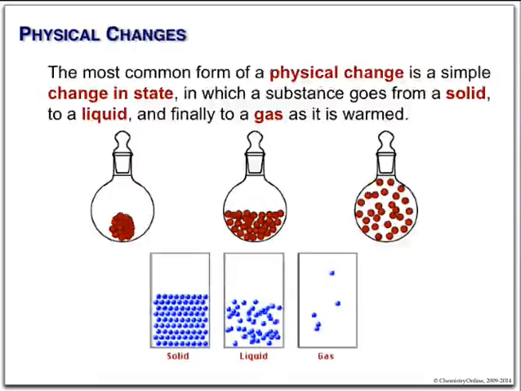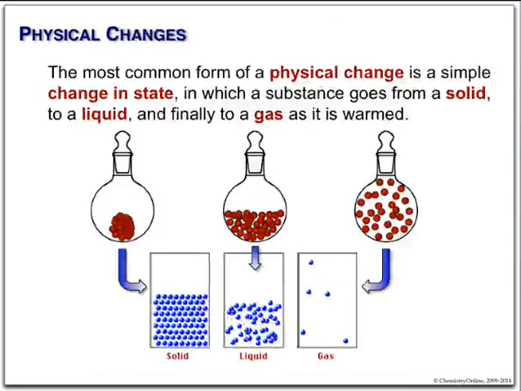Now, physical states, solid, liquid, and gas, differ by the inherent energy of the particles making up the substance. In a solid, the particles don't have enough energy to move away from each other. So they just sit there and shake.